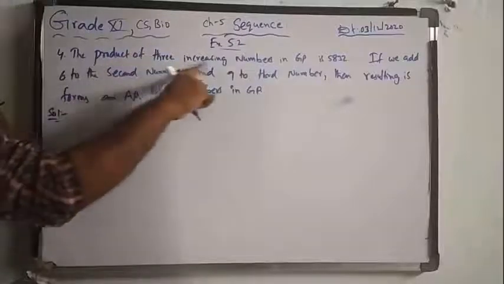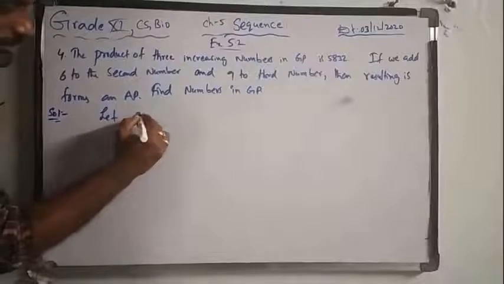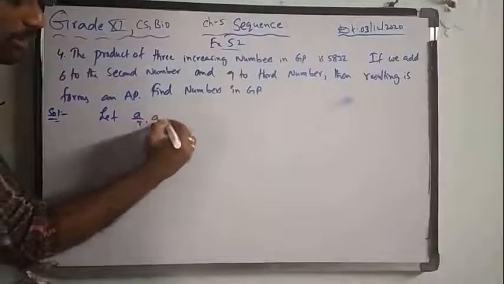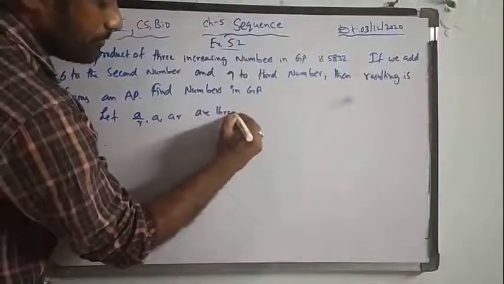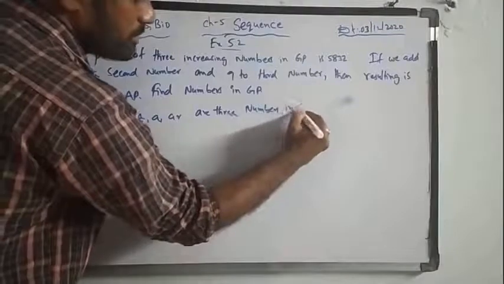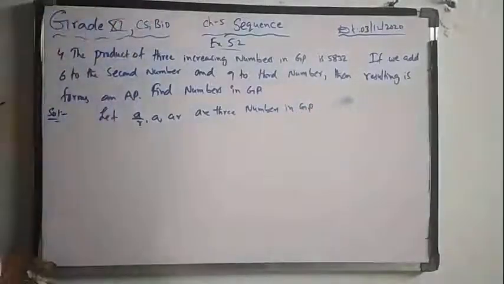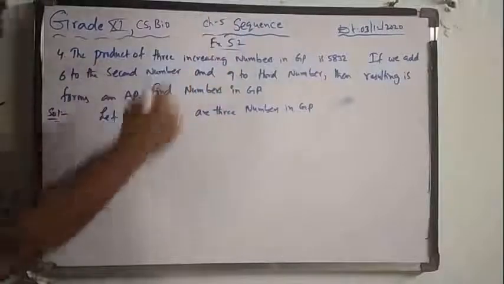The product of three increasing numbers means three consecutive numbers. I am assuming that a by r, a, ar are three numbers in GP, geometric progression. The first statement is that the product of these three is equal to 5832.